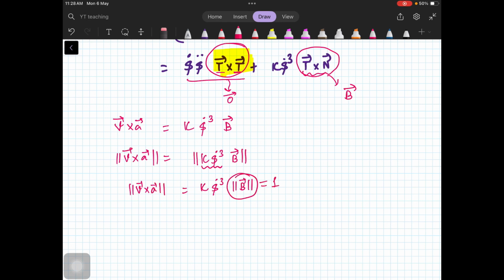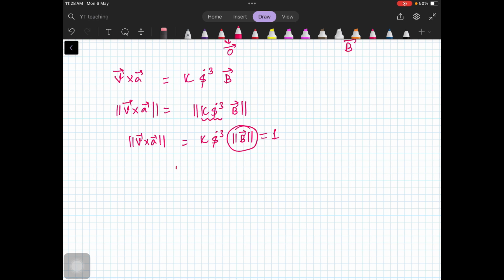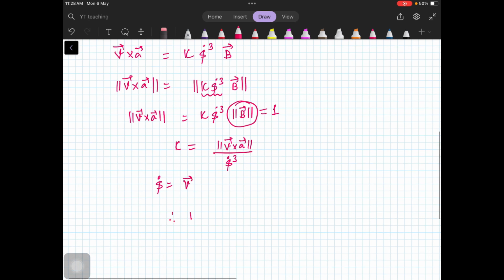That is 1, because it is a unit vector. So from here kappa is the modulus of V cross A divided by s dot cube. Now s dot is the magnitude of your V vector. Therefore kappa is the magnitude of V cross A divided by the magnitude of V cube.